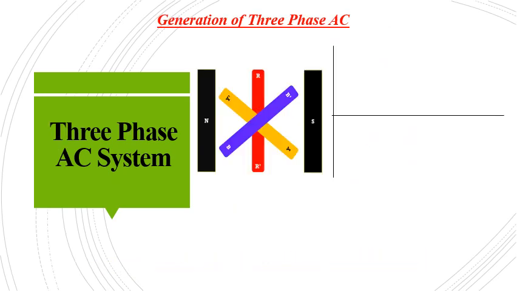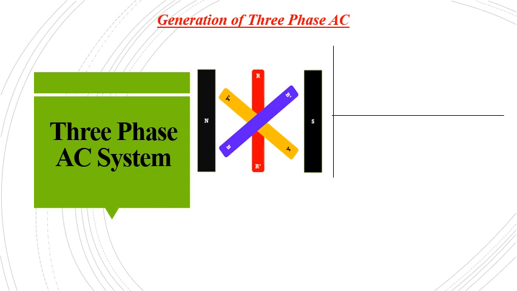Next, we can see the generation of a three-phase AC supply. So, first of all, what is a phase? A phase can mean a coil, a branch, or a circuit. So, three-phase means that we need 3 sets of coils.